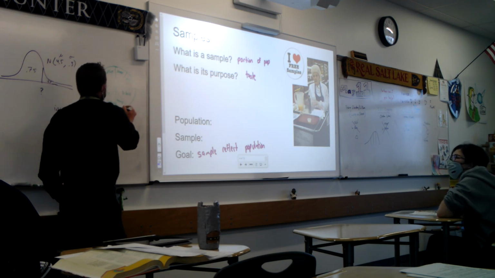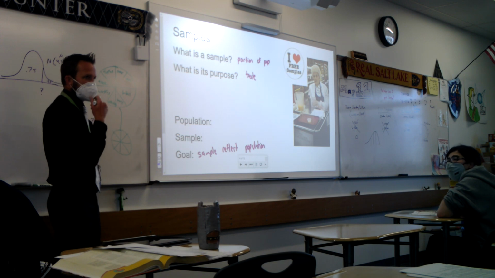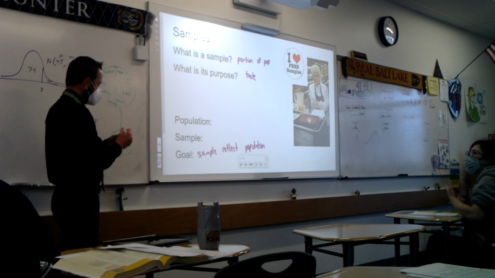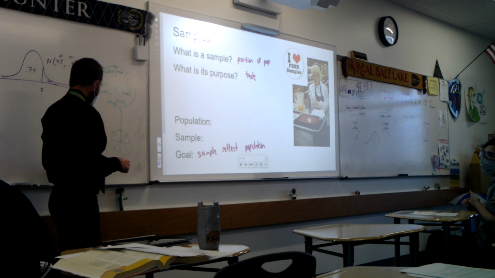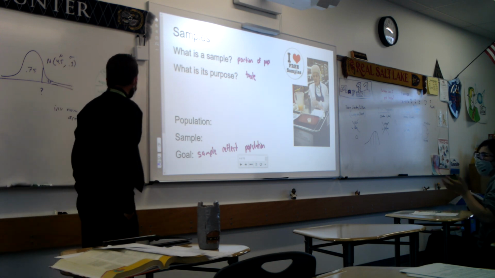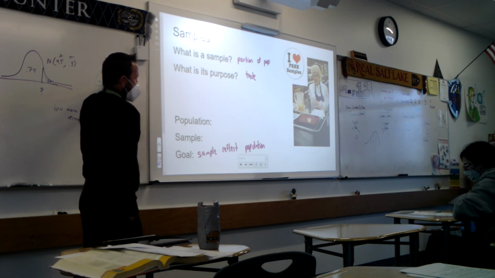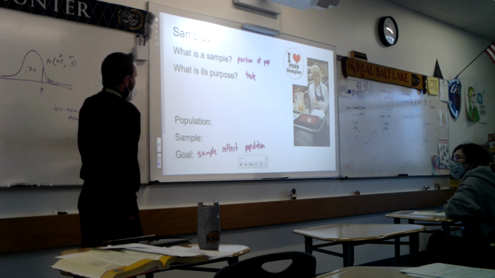If I were to take a sample, what would I want to see in this sample? I would want to see all the sports represented as well, right? So you wouldn't want to ask just the football team or the baseball team, because they're going to be favoring. Exactly. It's okay that they have their opinion, but the point is if there are, let's say, 800 athletes and I do a sample of 80, I want to make sure that my sports are represented there.